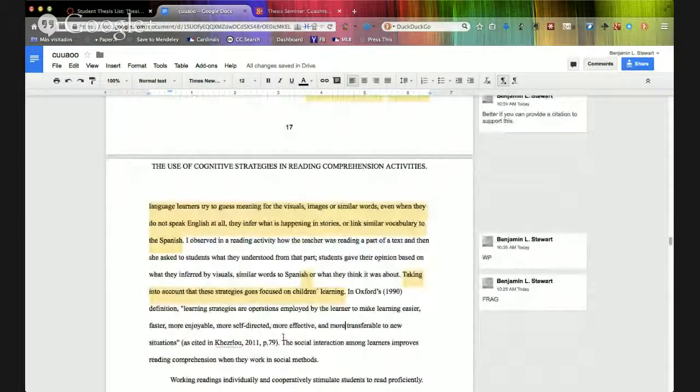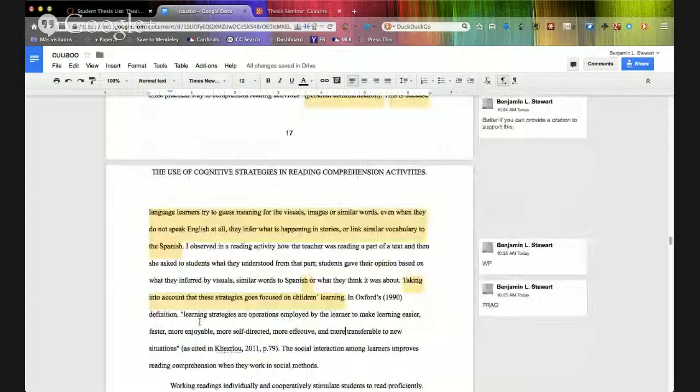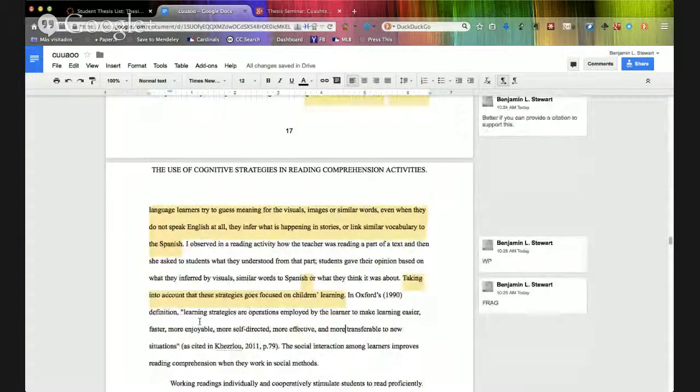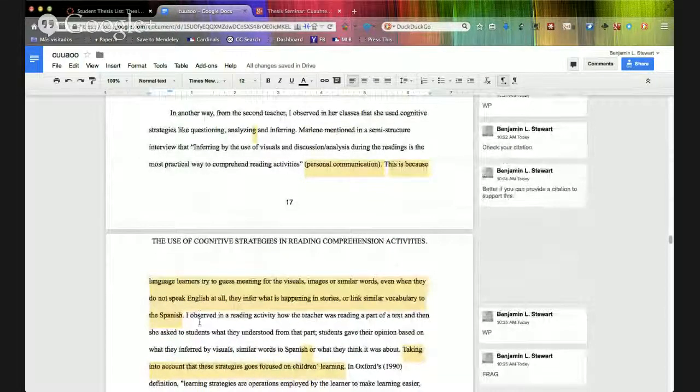So this way they can infer what is happening in some stories. Okay. All right, so inferring, any other strategies in your evidence? Can just include that one?